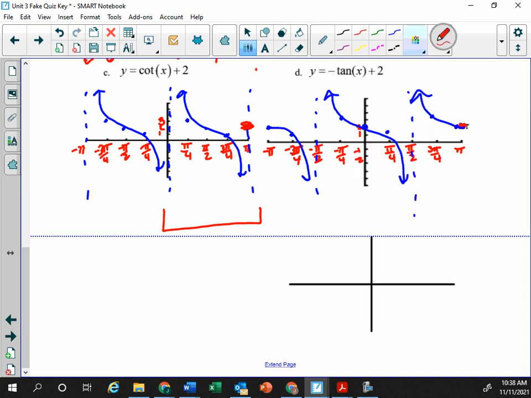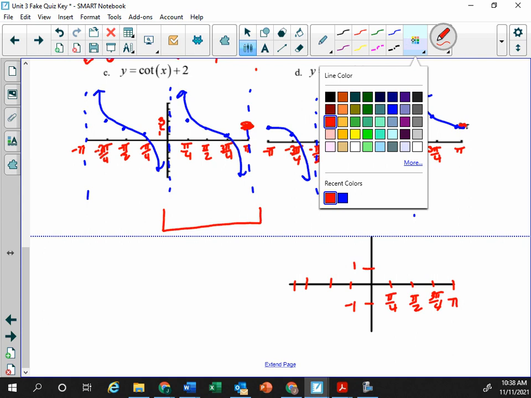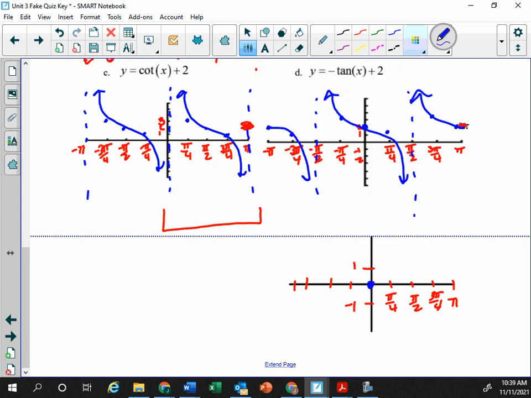So normal tangent goes through 0, 0, up to 1 asymptote, okay? So that's your parent graph for tangent, okay?